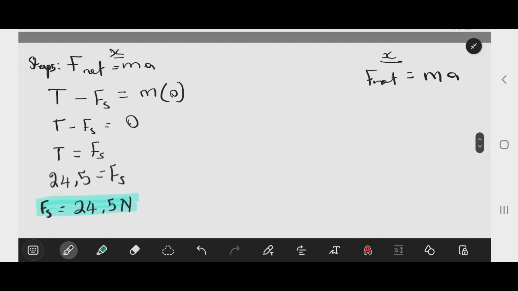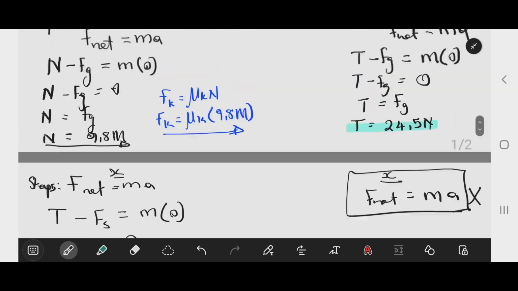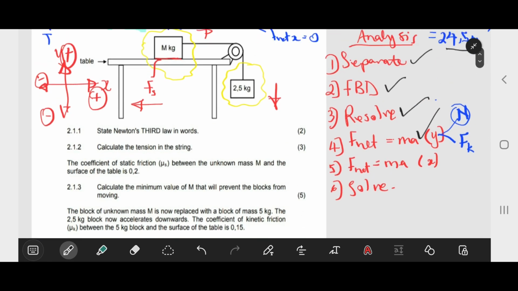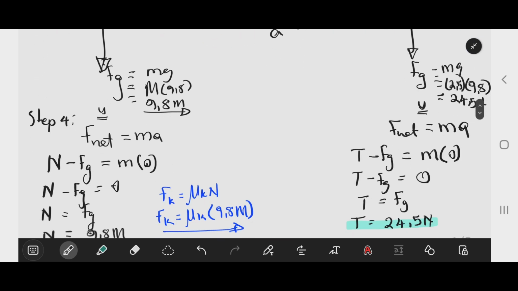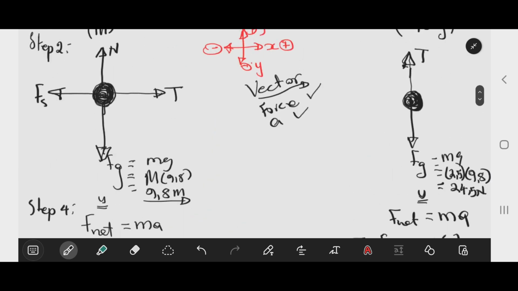So there's no need because there is no force acting in that x direction. So this we will not do. And then the next step is to solve if you have any unknowns. All right, so this is all what we do in our analysis, before we look at the questions. So let us go to the questions now.